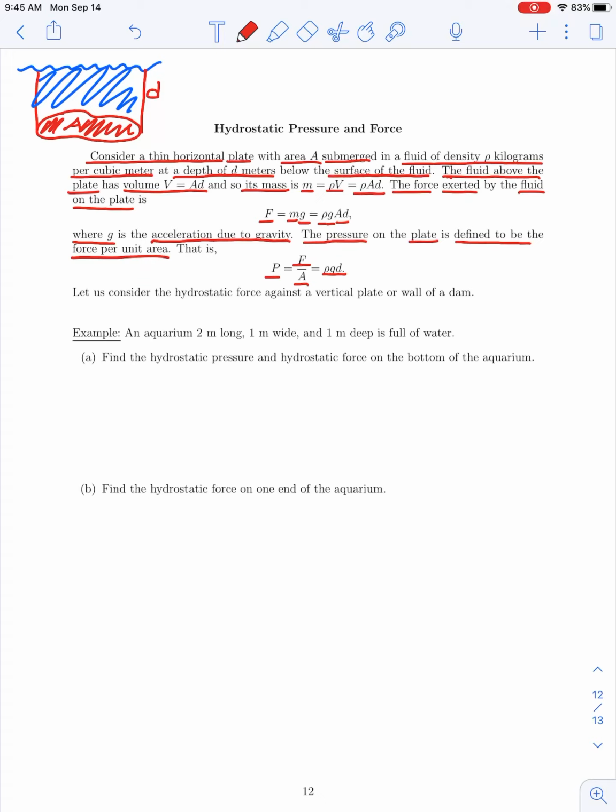So we have a formula for determining the hydrostatic pressure or force on a plate which is submerged horizontally at a fixed depth below the surface of a liquid.